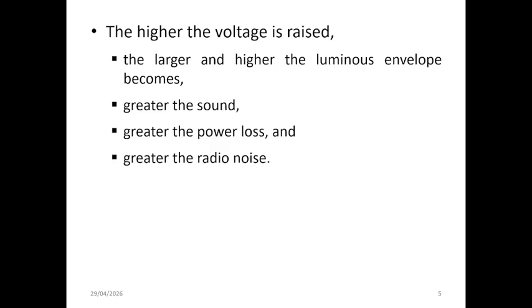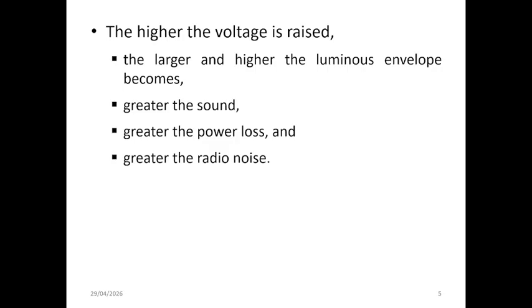As the transmission voltage is increased further above the critical disruptive voltage, the effects of corona become more intense and more noticeable. The faint violet glow around the conductor expands, forming a larger and brighter luminous envelope surrounding the line.